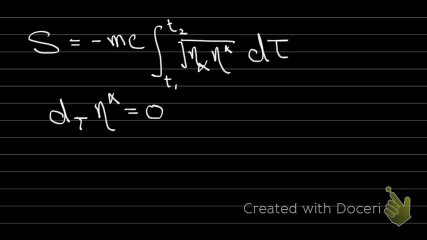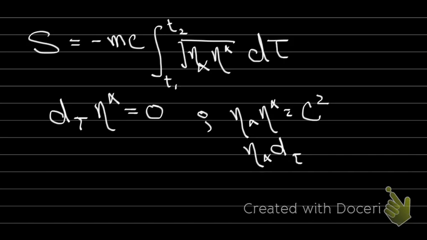Now one can also make use of the constraint that we have, which is eta alpha eta alpha is equal to c squared, or the equivalent of this, that eta alpha times the proper time derivative of eta alpha is equal to 0.